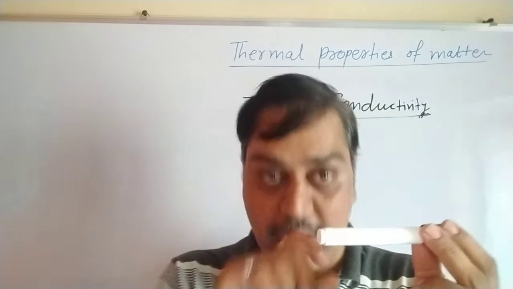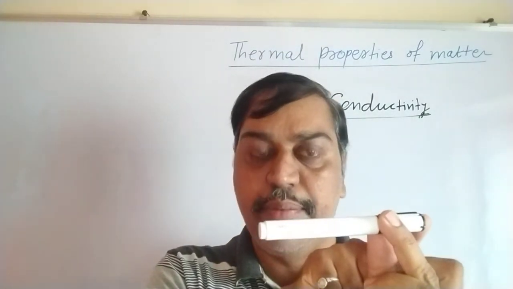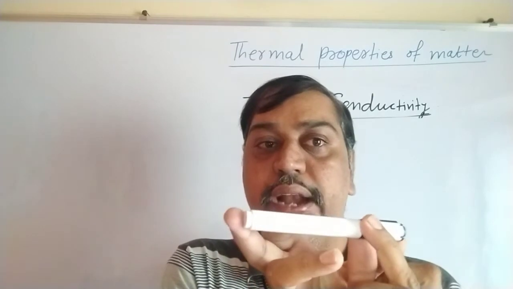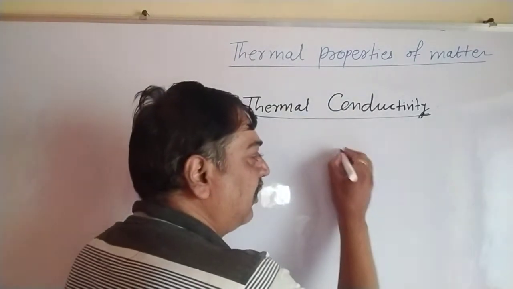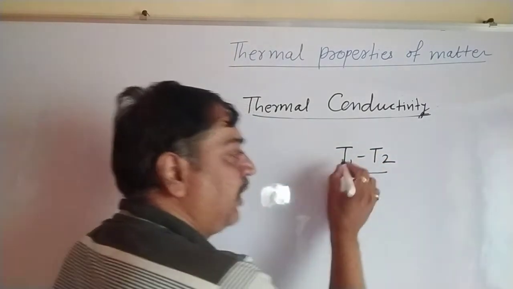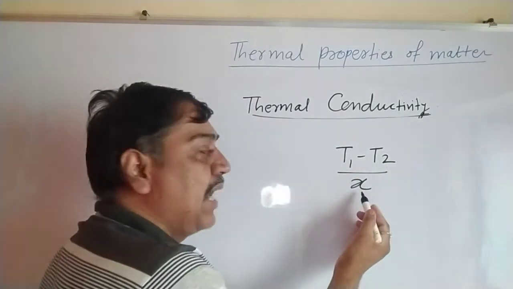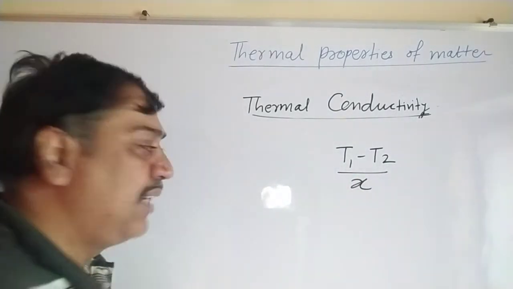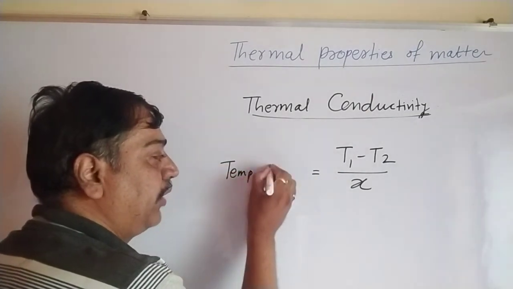Suppose the hot end temperature is T1, the cold end temperature is T2, and the distance between the two ends is X. Then you can write the simple formula (T1 minus T2) divided by X. T1 is the temperature of the hot end, T2 is the temperature of the cold end, separated by distance X, and this is called the temperature gradient.